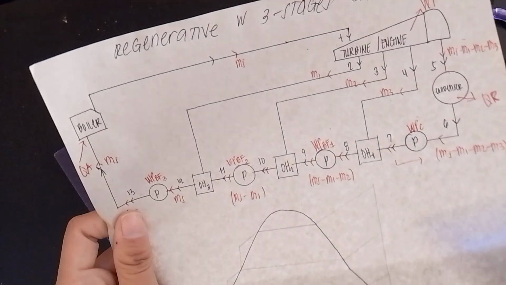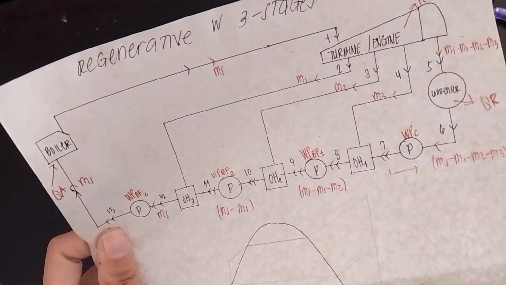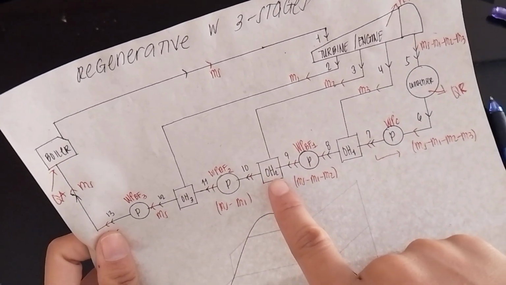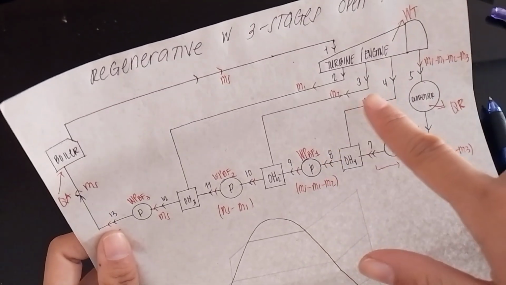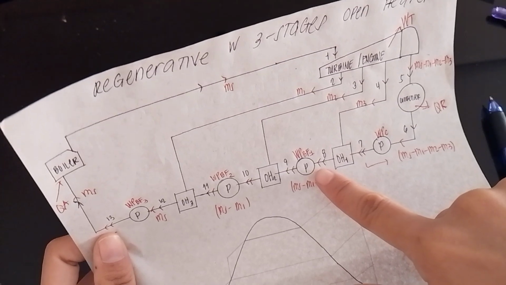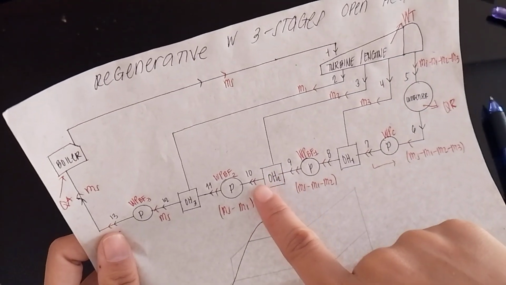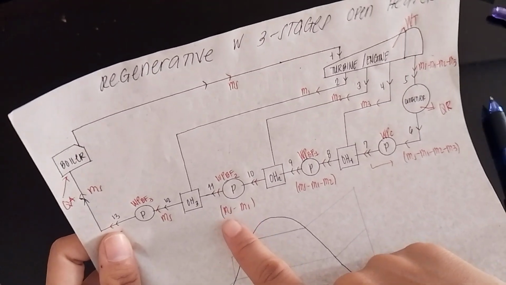Next, sa open heater 2, nag-abot diri si M2 ug si MS minus M1 minus M2. So, pag-abot nila sa open heater 2, makancel si M2. Kay, nagkasugat man sila. So, ma-plus nimo siya, mabilin na lang kay si MS minus M1, as we can see here. So, at state 10 and 11, ang mass nga naa na to is MS minus M1 na lang.